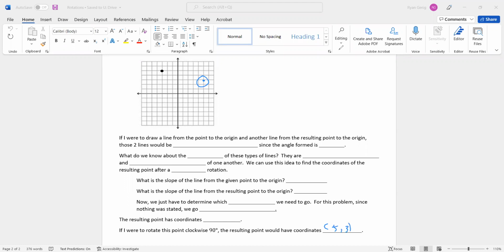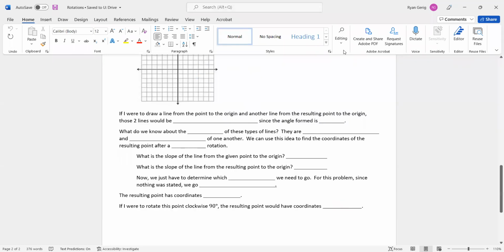Now, you might see something like this. Just looking ahead here. What if I wanted to rotate, I just said that that works for 90-degree rotations. What if I want to rotate clockwise 270 degrees? Well, isn't that just the same as 90 degrees counterclockwise? Right? 270 is 3 steps in the clockwise rotation.